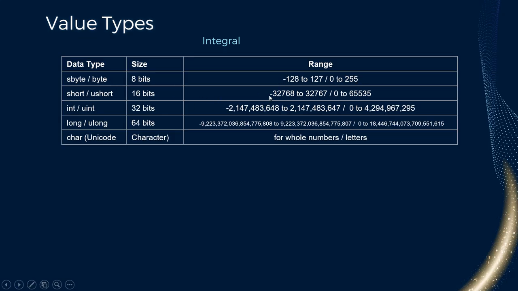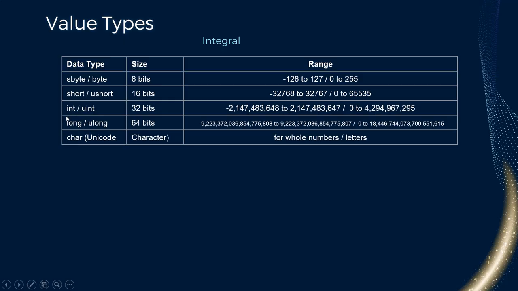In a similar way we have short or ushort, which is 16 bits, and the range is -32,768 to +32,767 for short, and 0 to 65,535 for ushort.